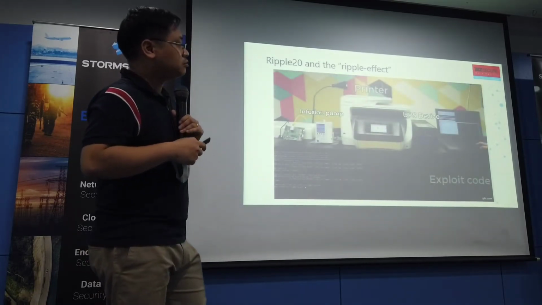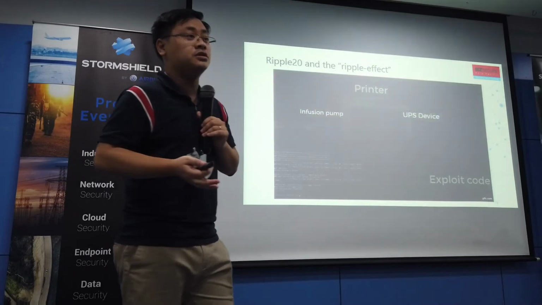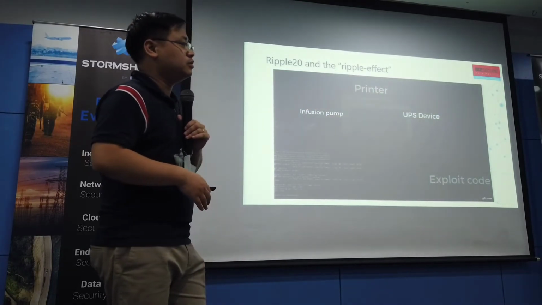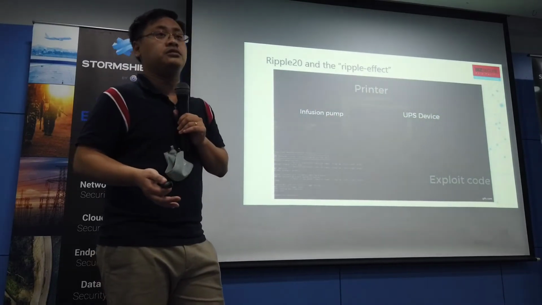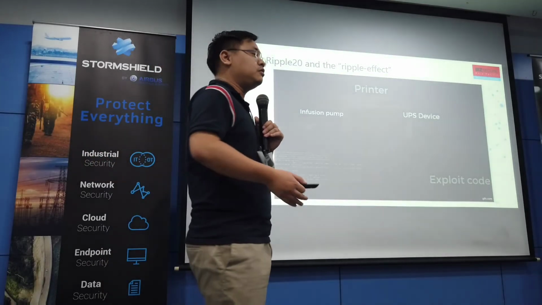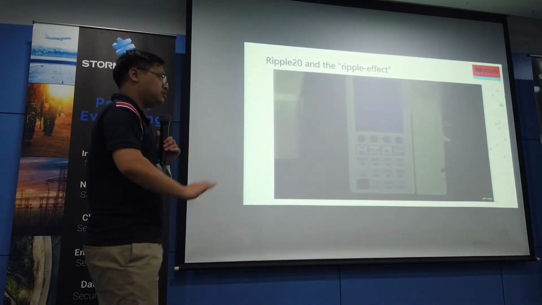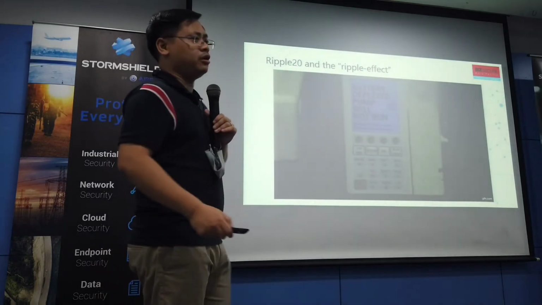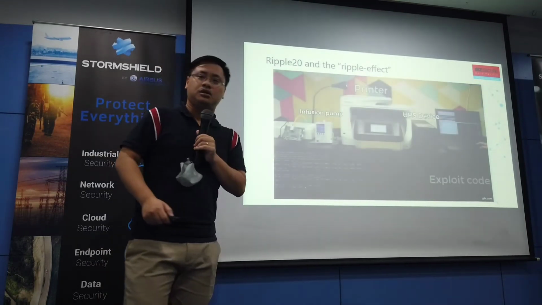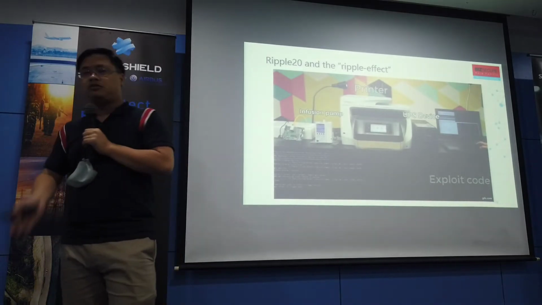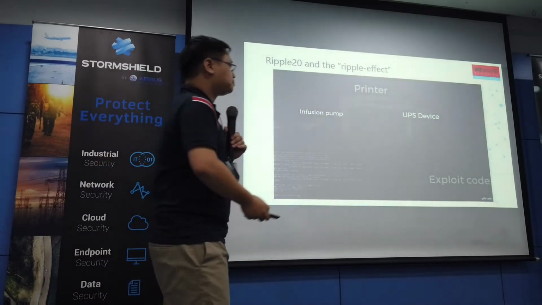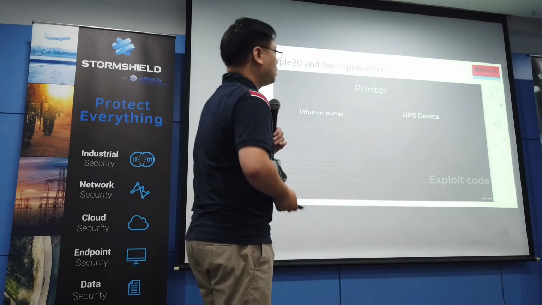Ripple 20, what is Ripple 20? Ripple 20 is 19 vulnerabilities that they found in very, very common OT devices. Very common. Rockwell, Schneider Electric, almost all of them. HP.